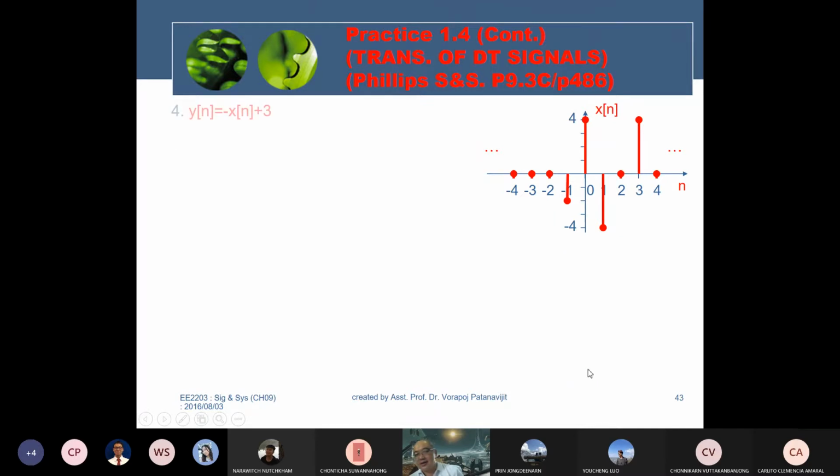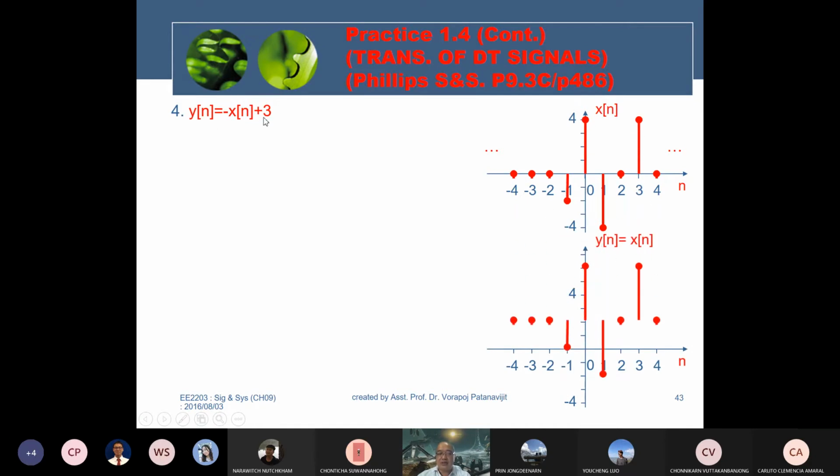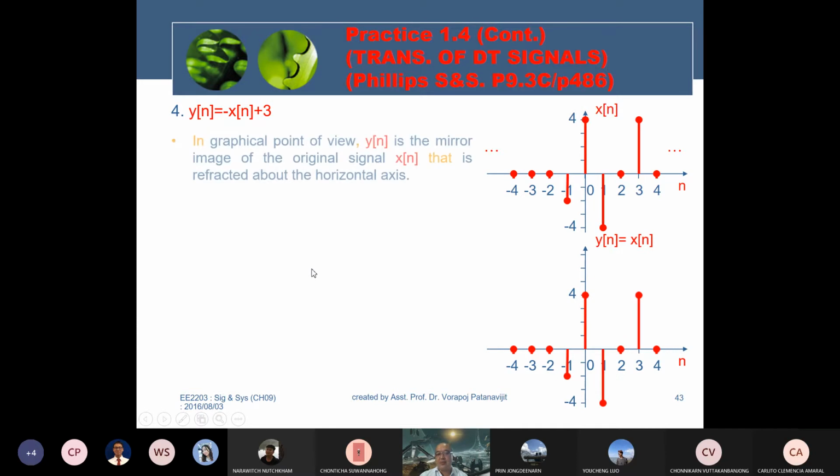Next one. The first question: minus represents amplitude reversal, plus 3 represents amplitude shifting. We must proceed with amplitude reversal first.